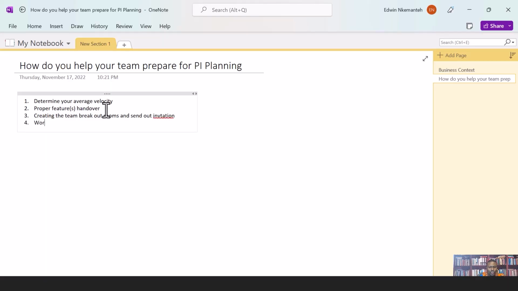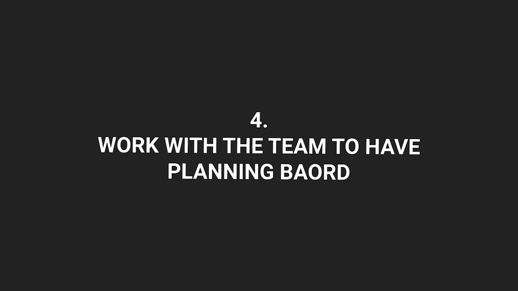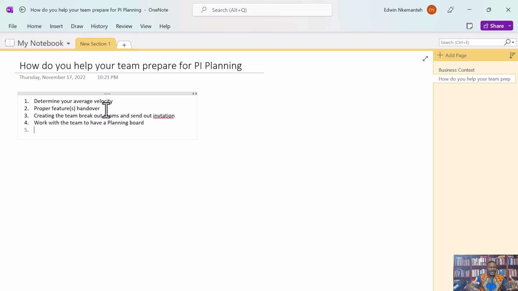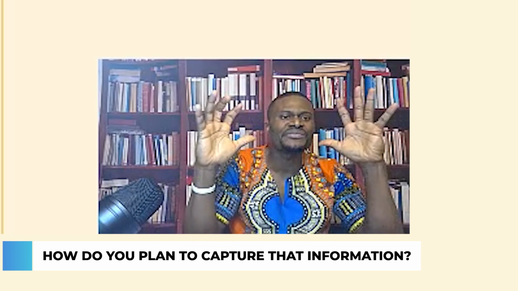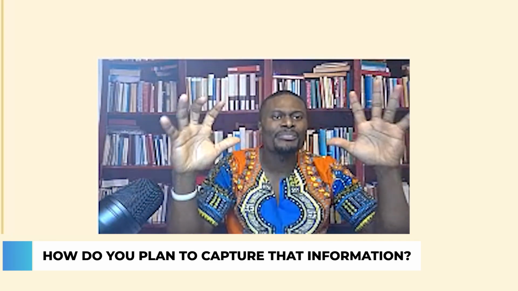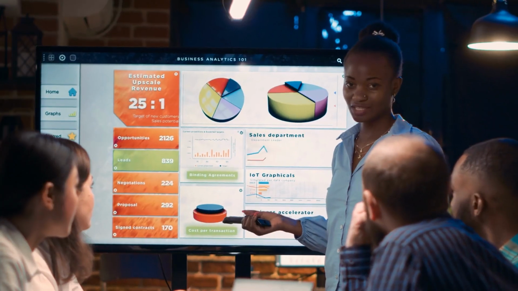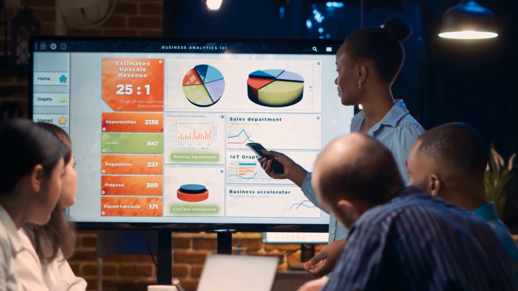Number four, work with the team to have a planning board. What do I mean by a planning board? During those 2 days, you will be breaking down your features into stories. You will be identifying your capacity, your load, your risks, your dependencies. How do you plan to capture that information? Have a planning tool. It might be a Miro board, it might be a PowerPoint presentation, it might be a Word document.